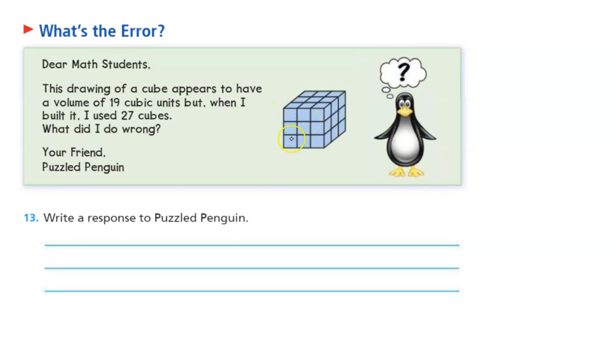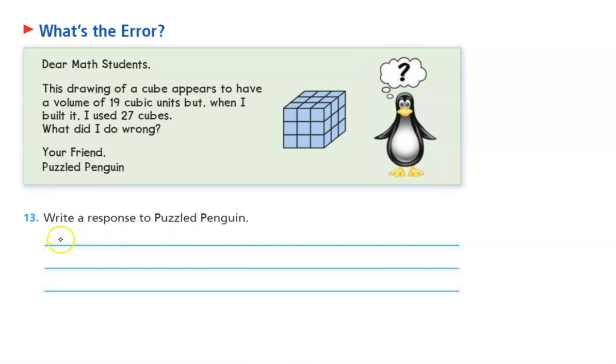So let's see what he came up with. He's got 1, 2, 3, 4, 5, 6, 7, 8, 9. So maybe he counted those first 9, and then he did 10, 11, 12, 13, 14, 15, 16, 17, 18, 19, 20, 21. Okay, well, I'm not totally sure what he did then. So it says, it looks like he only tried to do the ones that are visible, whatever way that he did that.